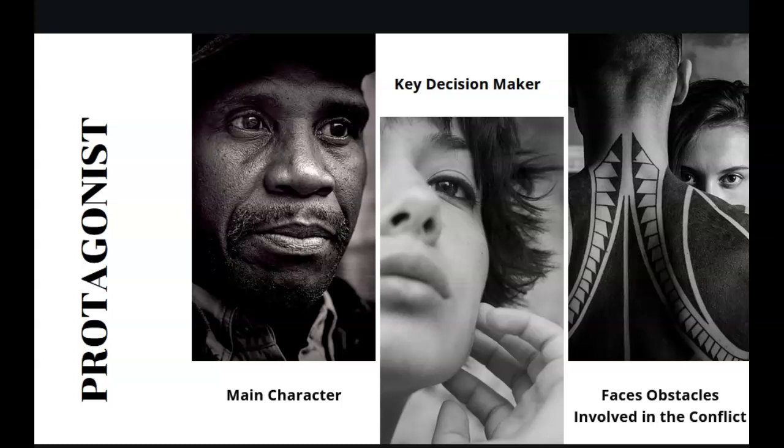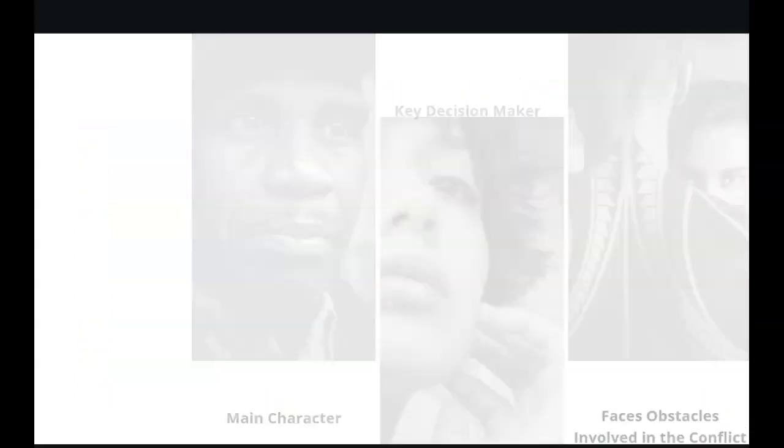They're going to partake in the activity that's happening within the plot of the story. This character is a key decision maker. The kinds of decisions that the protagonist makes are very important. And this is the character who really faces the obstacles that are involved in the conflict. So the things that are happening in the story, the protagonist is definitely involved in.